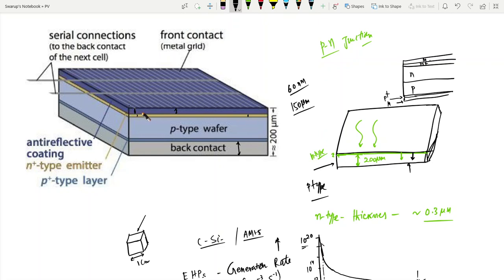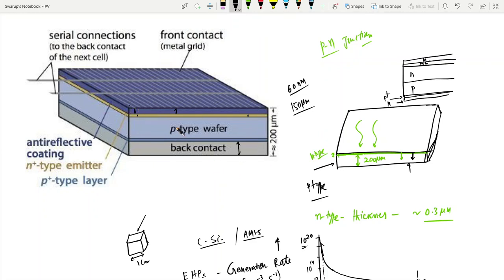Because anti-reflection coatings are generally insulators, right? But sometimes what happens is we choose the anti-reflection coating in such a way that it acts as both: surface passivation and anti-reflection together.